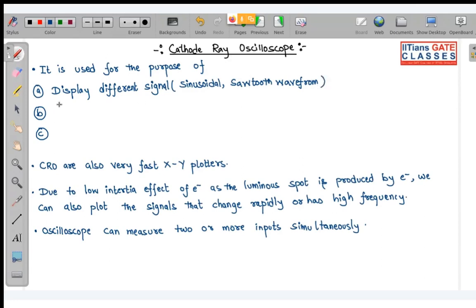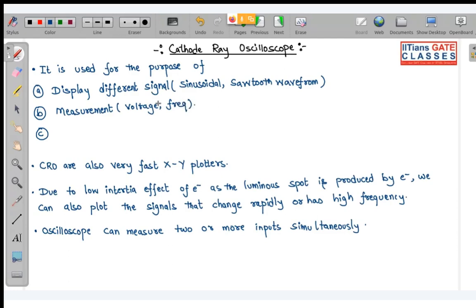Then one of you said that it is used for measurement of different signals, or you can say measurement of voltage or frequency. All those things we can do.